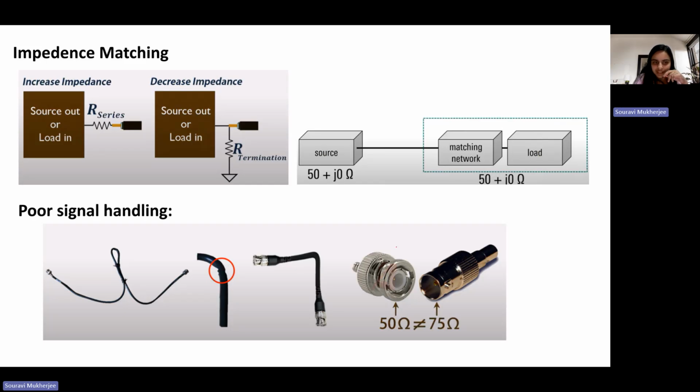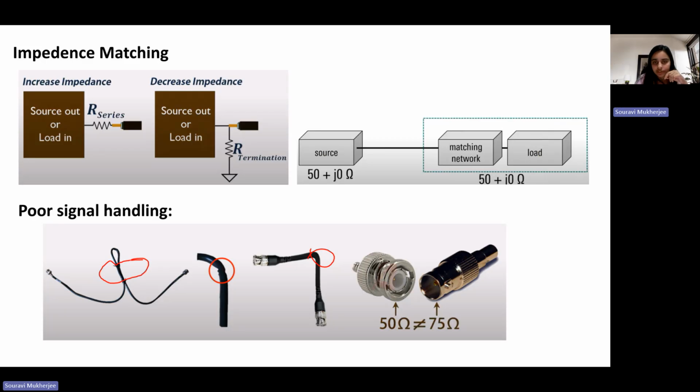If you have distorted, twisted coaxial cables, or you bend them, twist them, or tie them in this kind of fashion, all this results in poor signal handling, because that disturbs the impedance of your circuit, and that can disturb the impedance matching and result in reflected powers.